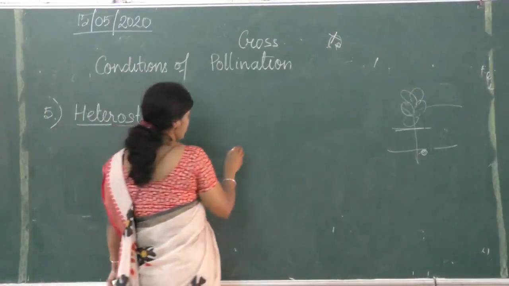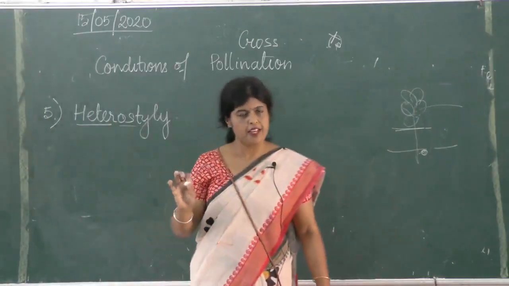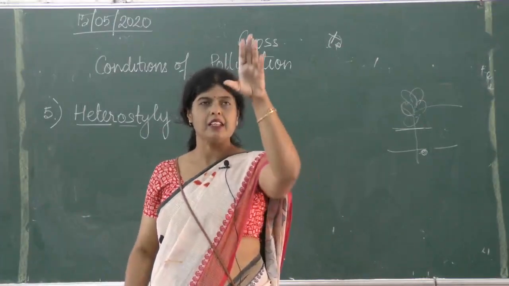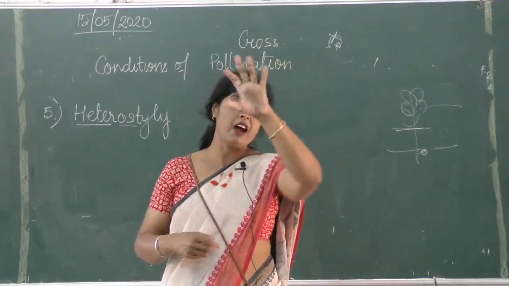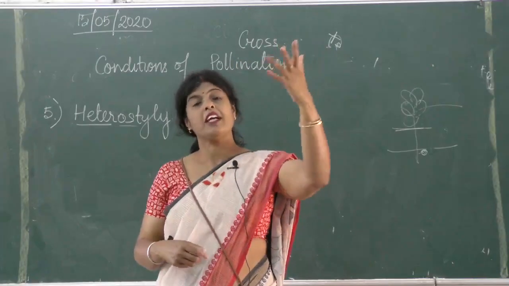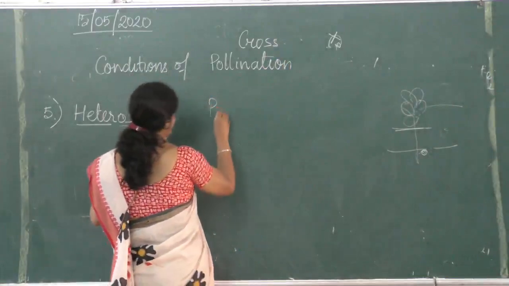That means the position of the male and female parts are very different. In some cases the stamen are located much above the pistil. In some, the pistil is located much above the stamen. Example is primrose.